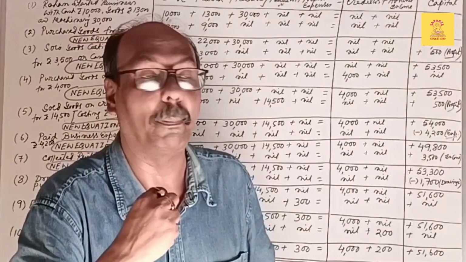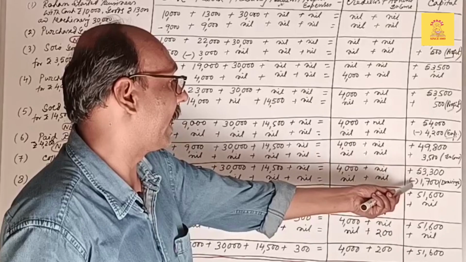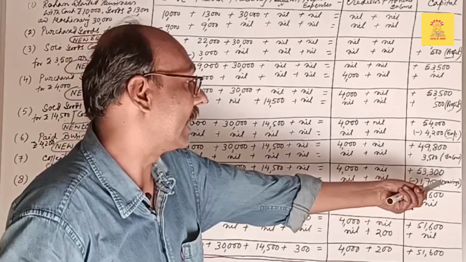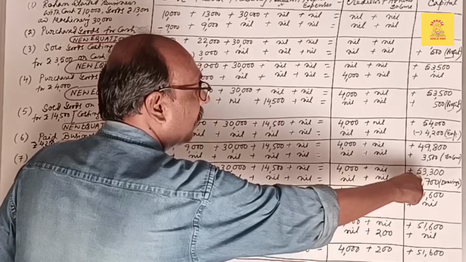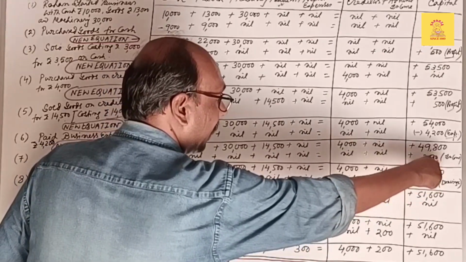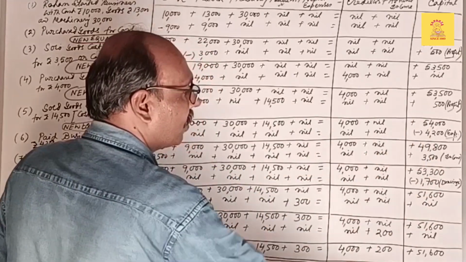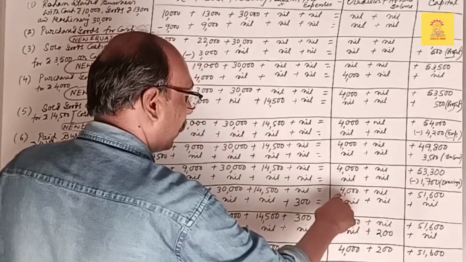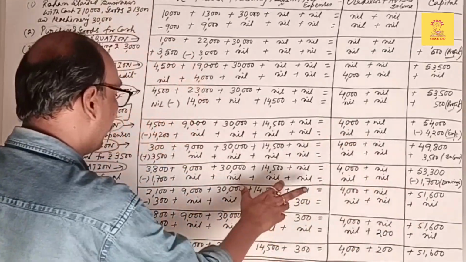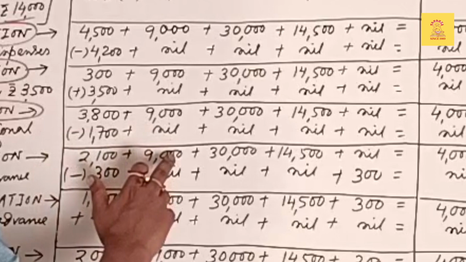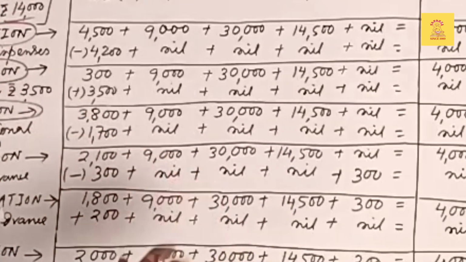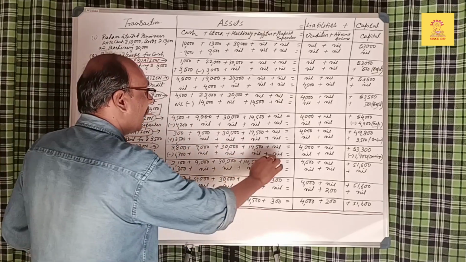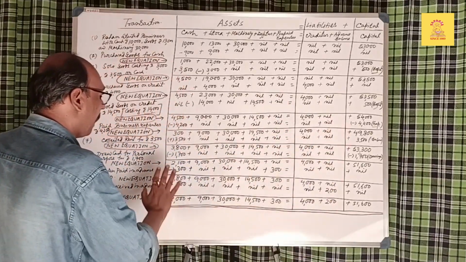It is a withdrawal of capital, so it is taken out of your capital as drawings. 1,700 subtracted from your previous capital of 53,300, you will get 51,600. If you add 51,600 plus 4,000, you will get 2,100 plus 9,000, 30,000 plus 14,500, equal. Here other assets are nil.